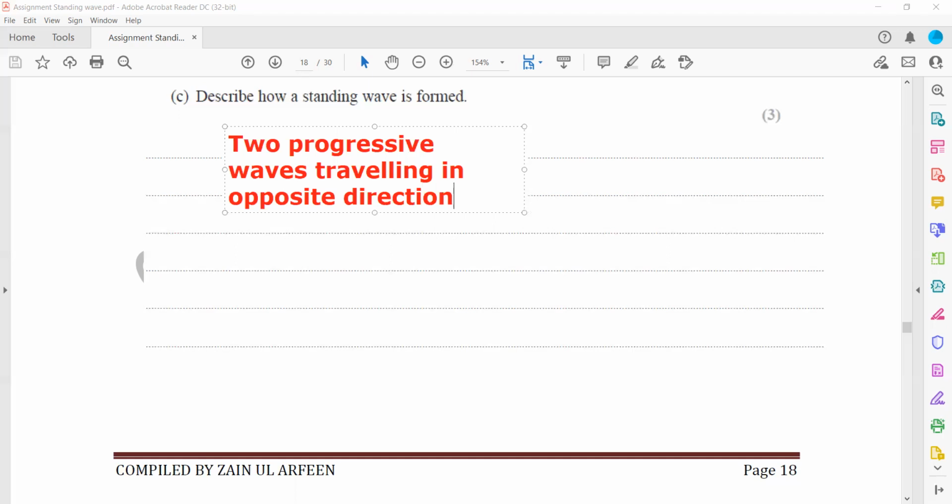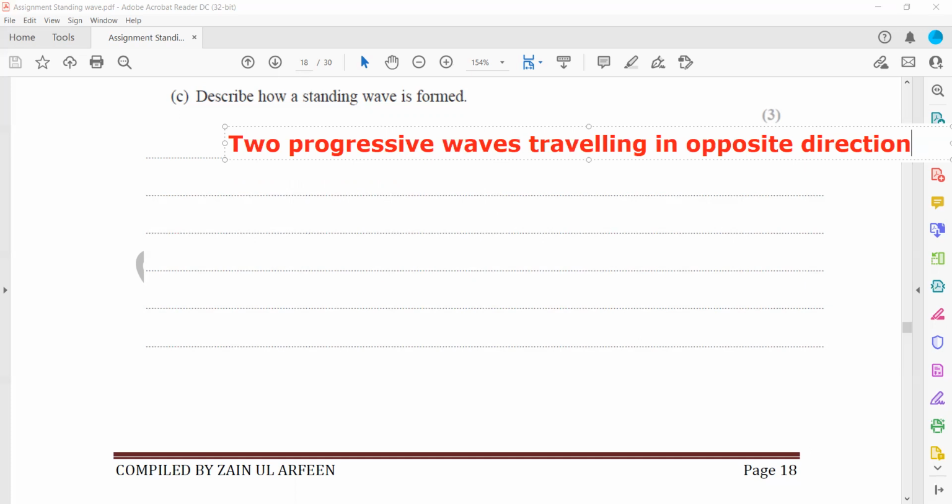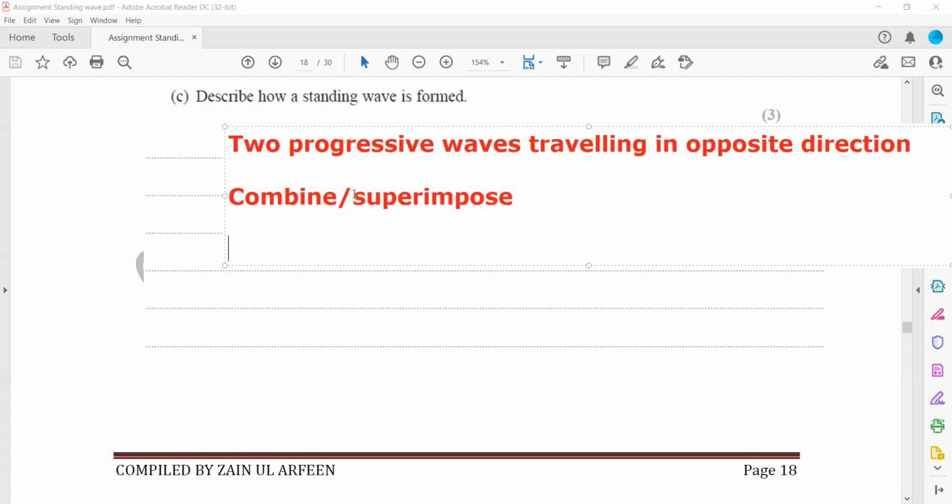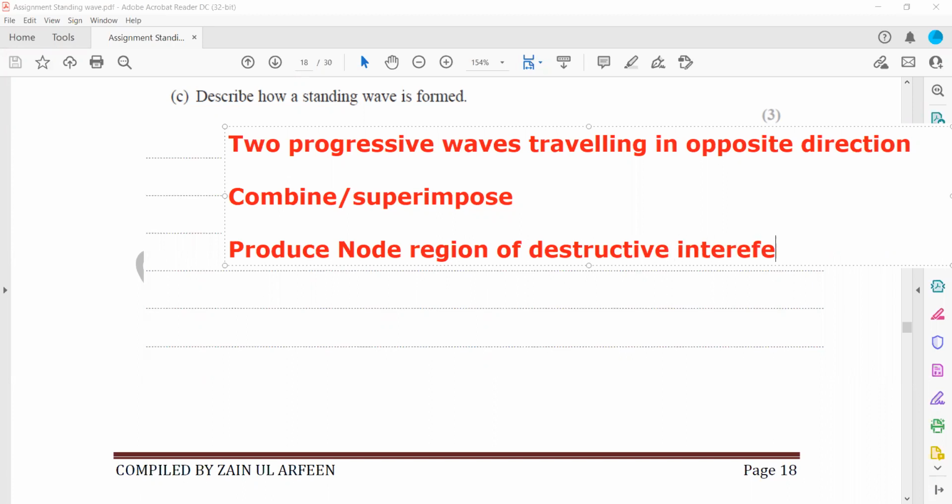Then what they do, they superimpose or interfere or combine. And then what happens? They produce nodes, regions of destructive interference. Destructive interference means where they try to cancel out the effect of each other.